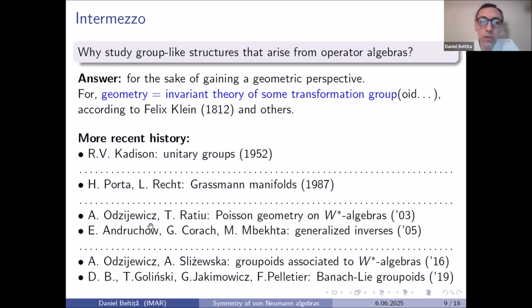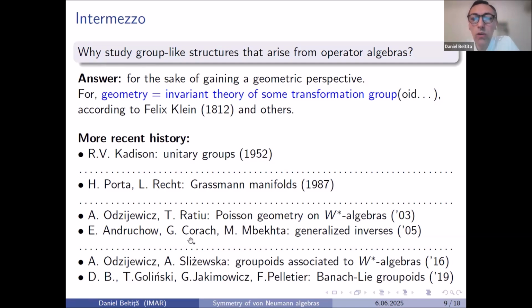Also, of course, Odzijewicz and Ratiu studied what I said before, the Poisson bracket on the predual, that was actually discovered by Pavel Bona for L infinity of H a few years before.